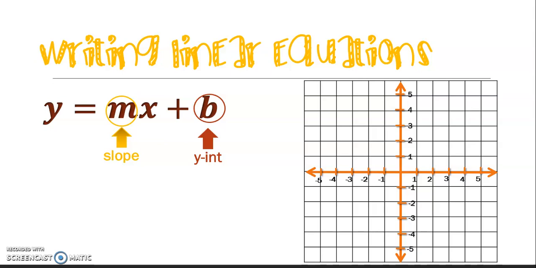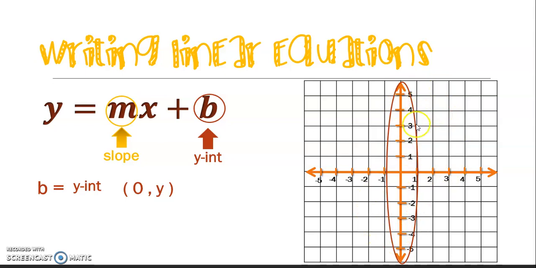The first thing I need to identify always is my y-intercept. So I'm going to see in here that my y-intercept is b, and it is always an ordered pair where x equals 0. That's why I have here y-intercept equals (0, y). If I place it on my graph, I can see it's up here.